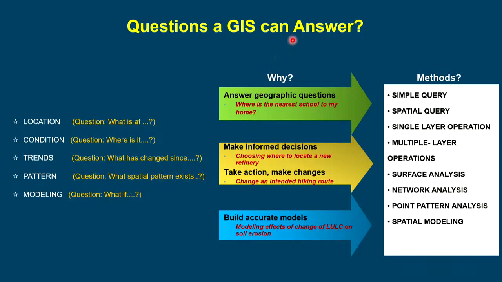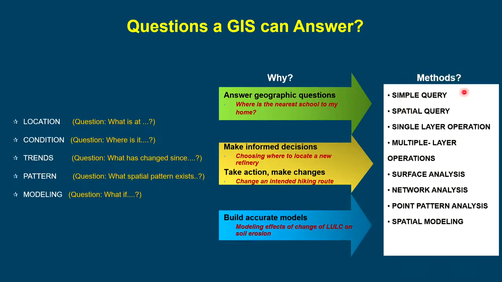You can do modeling. Why do we want to answer geographic questions, like where is the nearest school to my home? This is a query with respect to spatial distance. Then make informed decisions, if you want to take certain decisions, actions or changes. These are the things for which we apply GIS, and all such types of questions can be answered with GIS systems.